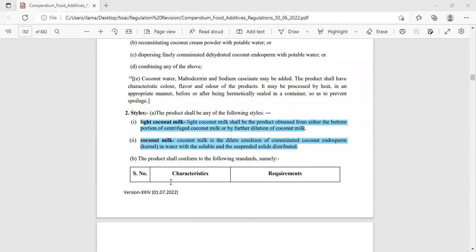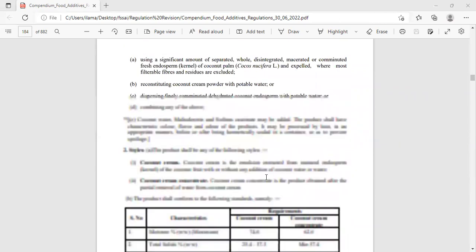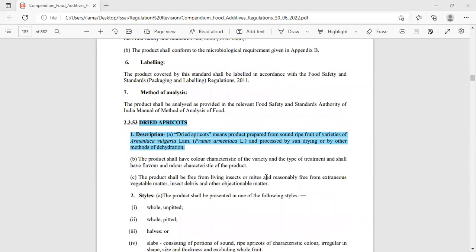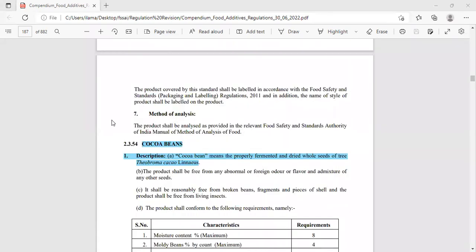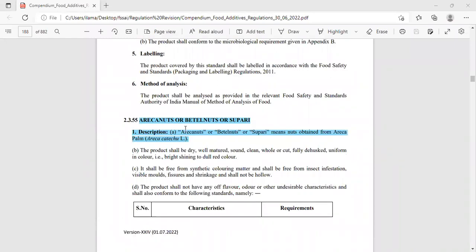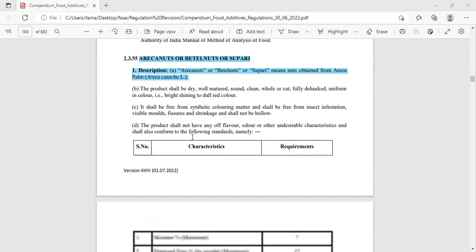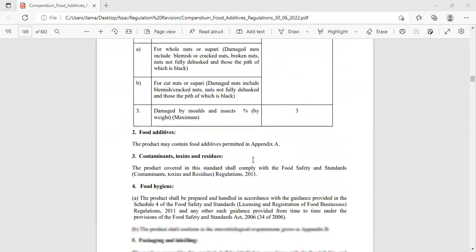And just go through what is coconut milk types. And go through what are the different types of nuts, like areca nuts, betel nuts is also known as supari. So just go through what are all the values given.